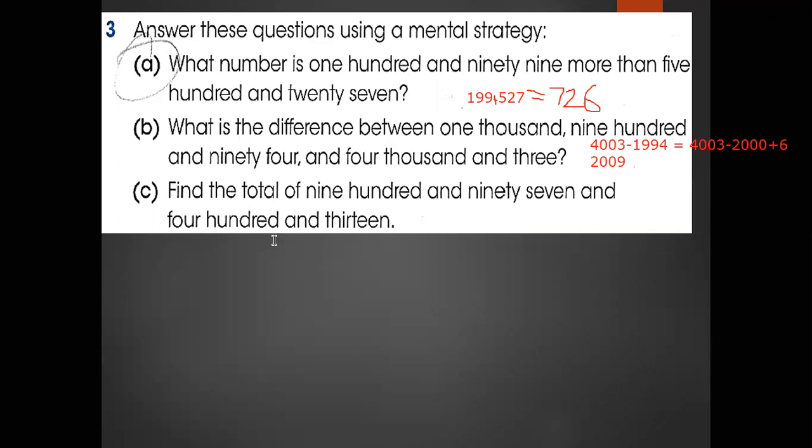Now find the total: 997 and 997, and 400, so total means plus 413, 430. What is the answer of this question? Let's suppose I give it 3 more, so plus 3 minus 3, because whenever you write plus 3, you must write minus 3.